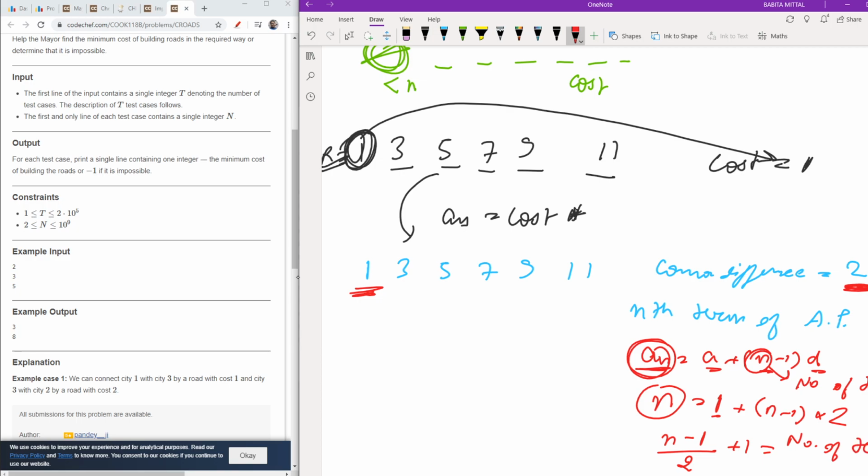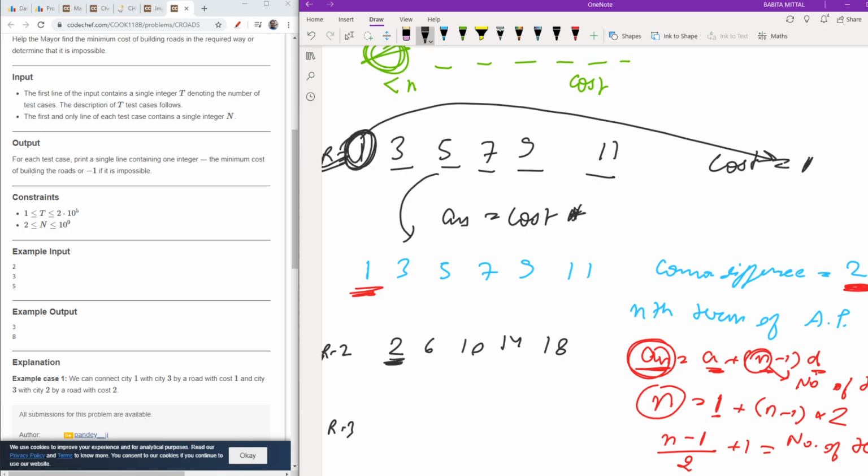So now you will see that the first term I know, and d also I know. How do I know? I will show you. For the next range 2, what we had is 2, 6, 10, 14 and 18. So the first term here is 2.